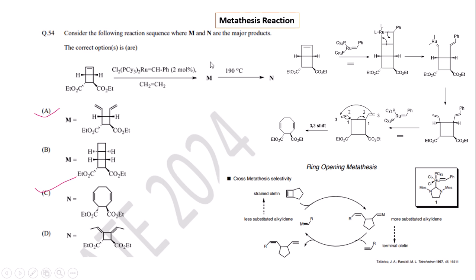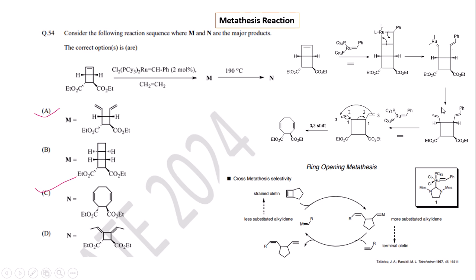This is the problem for the metathesis reaction, where ring opening metathesis takes place. The mechanism for the ring opening metathesis reaction is that the Grubbs catalyst undergoes coordination with the alkene, giving a ruthenium carbene complex and a four-membered ring, which opens to give another compound.